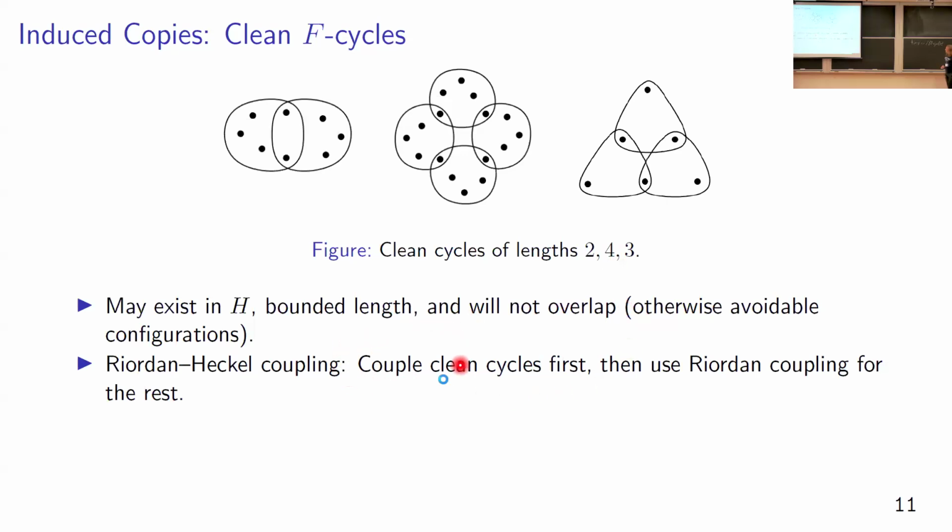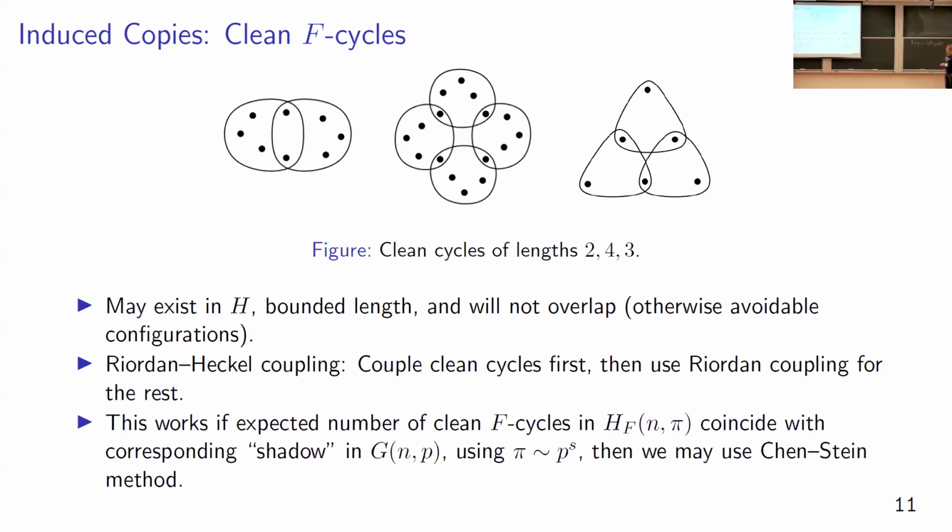The idea is, you first couple the clean cycles. So you couple these configurations with the corresponding, let's call them shadows, in G(n,p). And then conditionally on that, you run the Riordan coupling on whatever remains.